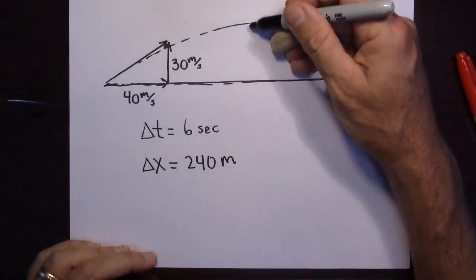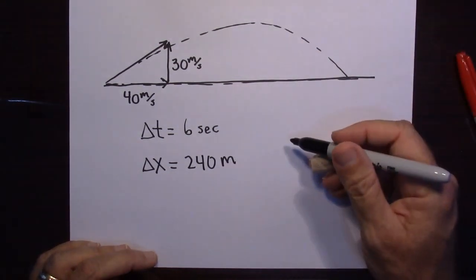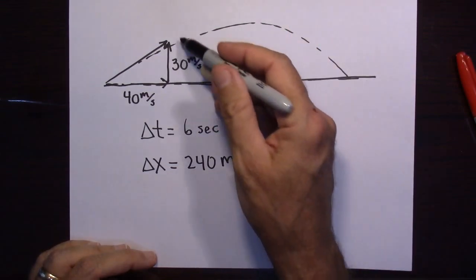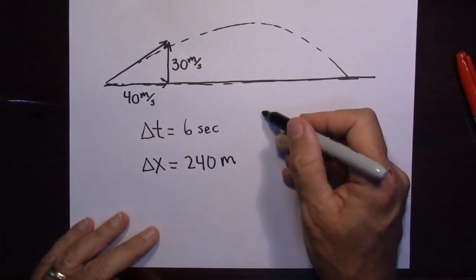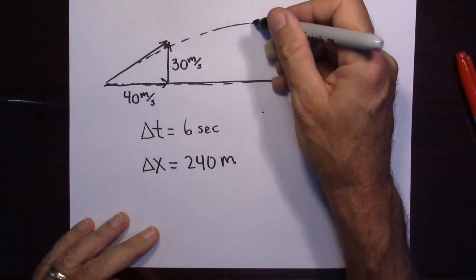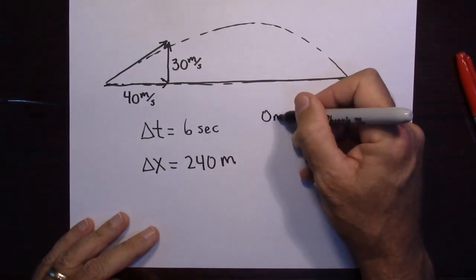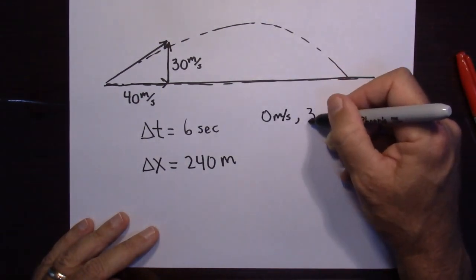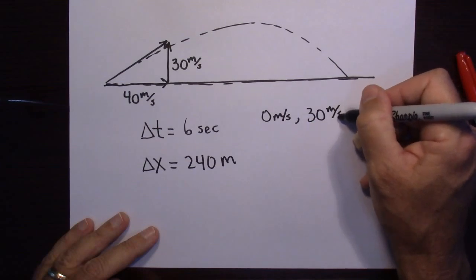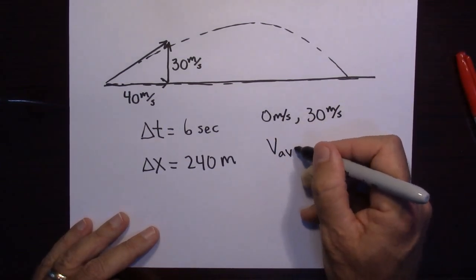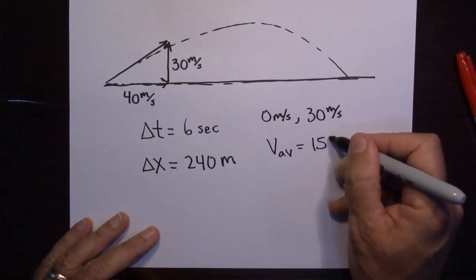What will be the maximum height that it reaches? Well, it's going to take 3 seconds to get to the top. Looking at the y component, you're going to have 0 meters per second at the top in the y direction, and it started out at 30 meters per second. So the average velocity is, just add these up and divide by 2, 15 meters per second.